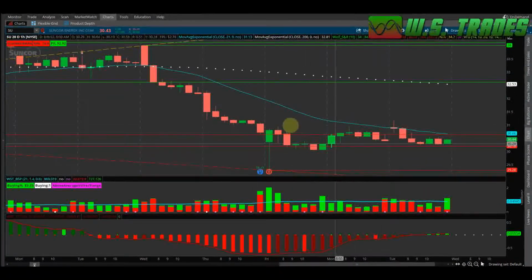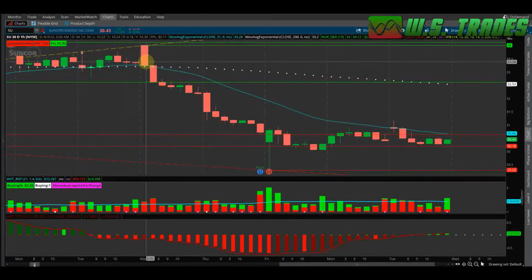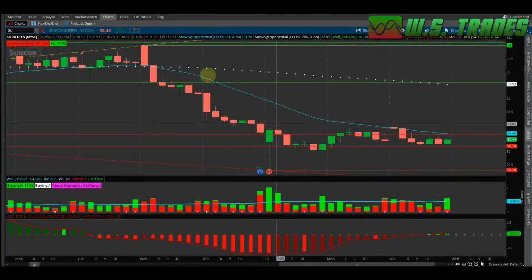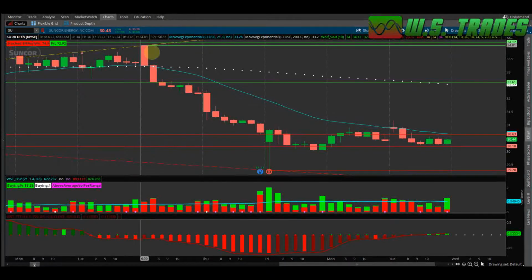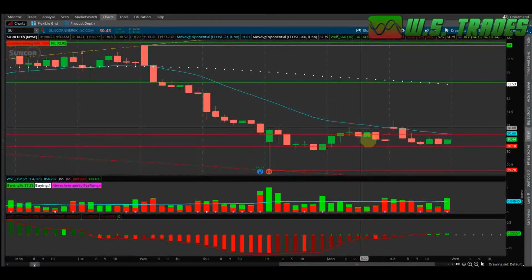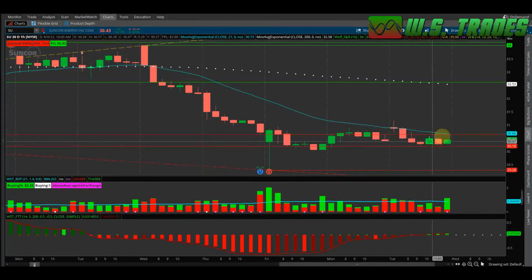So right now, looking at this SU chart, I would say that we had this big sell off from about 34 bucks, and now you see all this consolidation. You see some big spikes in volume. According to Wyckoff's law, the makers are loading up right now, and they don't want to blast it off quite yet because they still want a cheap price to get in at.